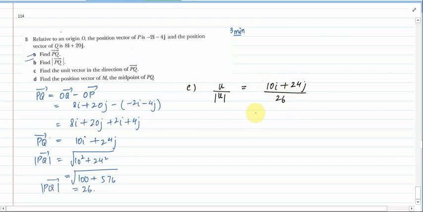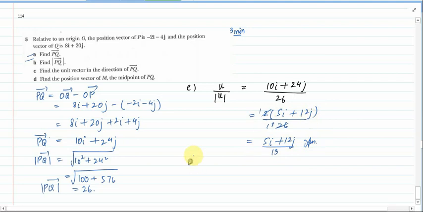We can simplify by taking 2 common in the numerator. So when you take 2 common, it's 5i plus 12j divided by 26, or we can say 2 1s are 2, 2 13s are 26, so it's 5i plus 12j divided by 13. That is your unit vector answer.